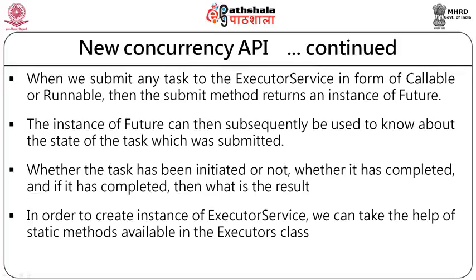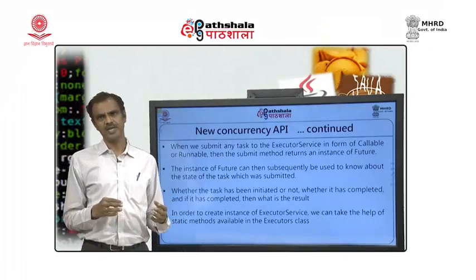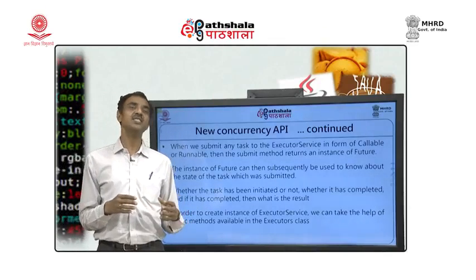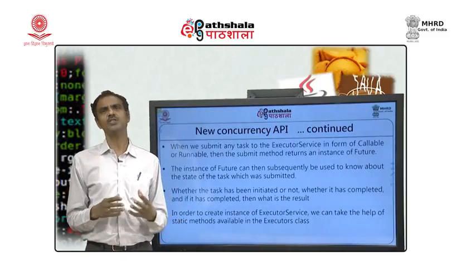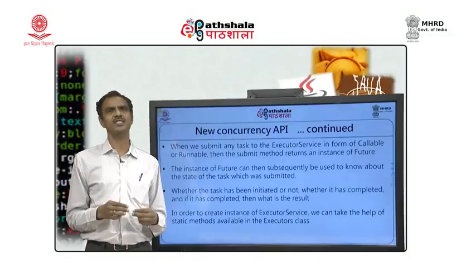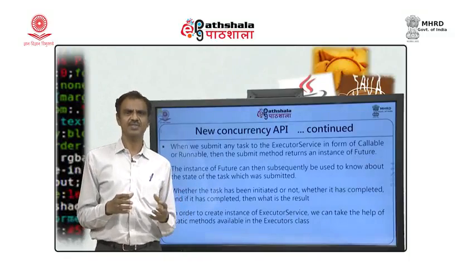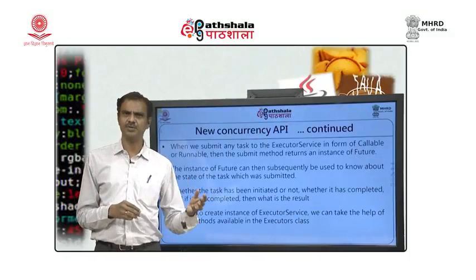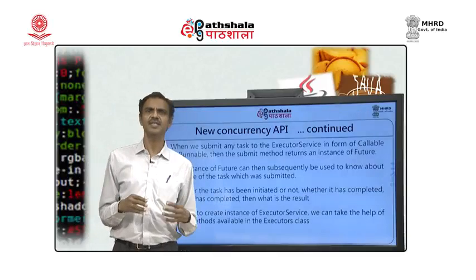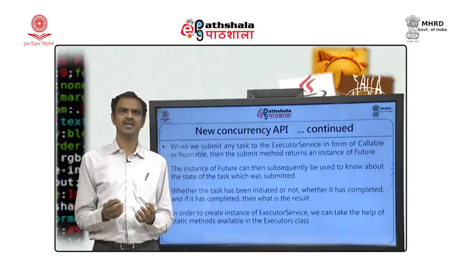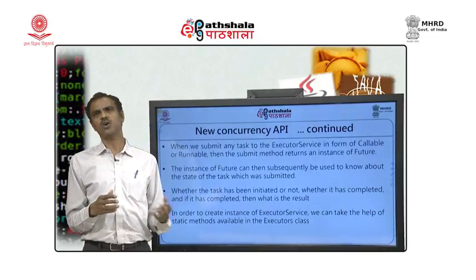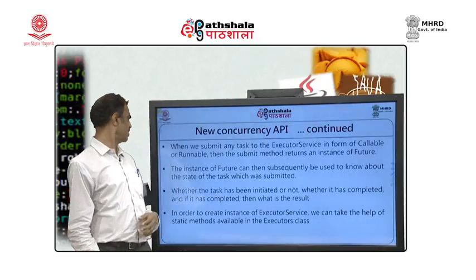This interface can be used for knowing the state of the task which we have submitted. Through this future object, you can later inquire about the state of the task, whether it has started its execution, or if it has finished the execution, what is the result it has given. In case of callable, yes, you can get the results also.